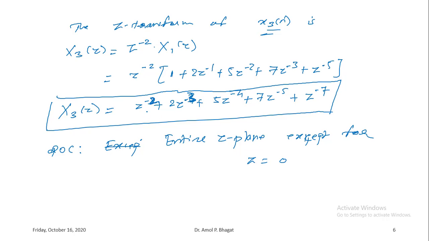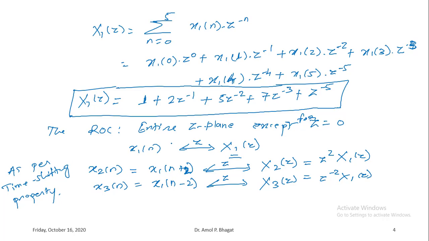If I substitute infinity, it will be 1 upon infinity square, or 1 upon z square, so it will be 1 upon infinity, which is 0. So z equals infinity will be included in the ROC, but z equals 0 will not be included, as per the ROC of X1 of z.